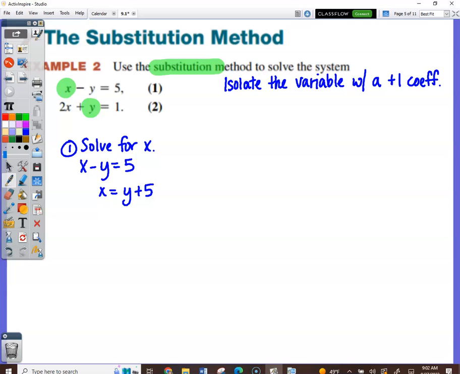So now, because that was equation 1, this is where these numbers sometimes help. I've seen people accidentally take expressions and plug them back into itself, like into the x.